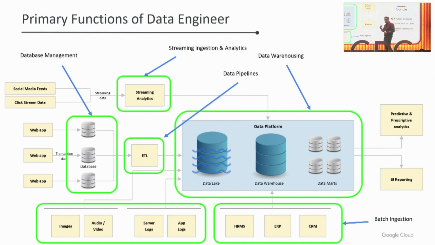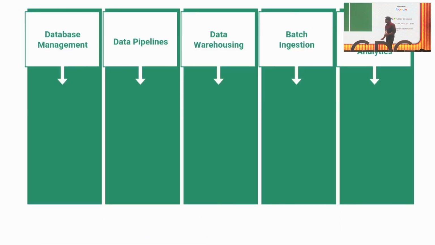So if you go for any data engineering role interview and they ask, what have you done for database management? That's the part that you have handled. That should strike your mind: what was the role of that particular function in this entire landscape?